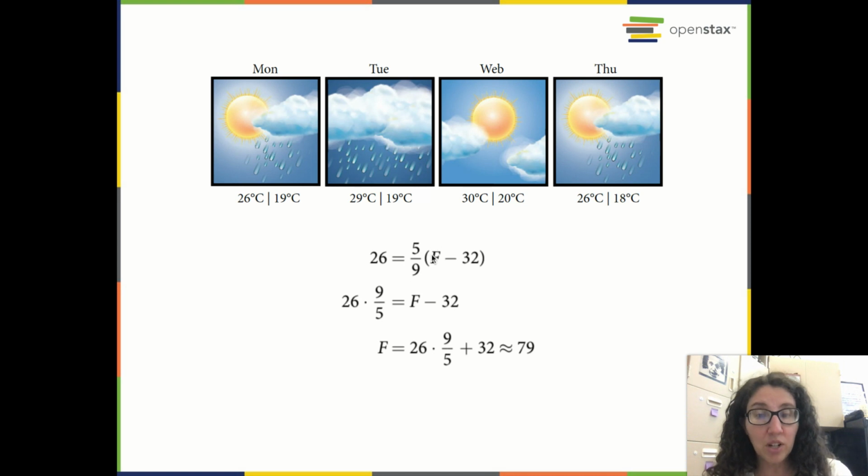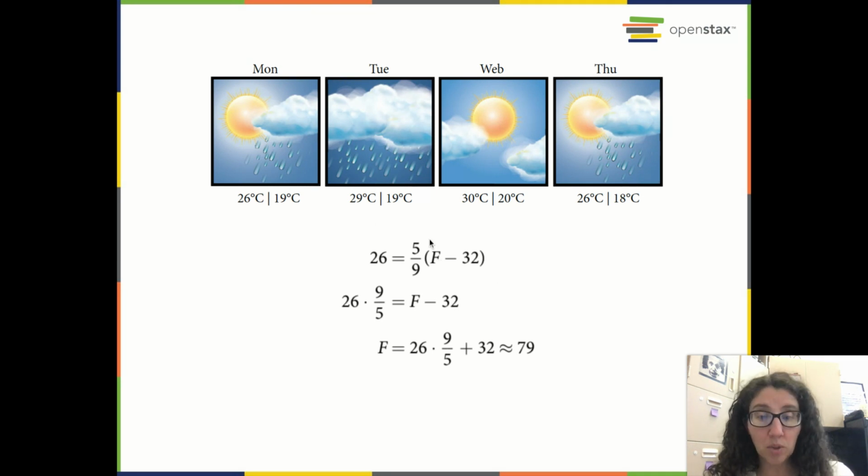So she knows this equation, 5/9 times the Fahrenheit temperature minus 32 will give her the Celsius temperature. Well, she knows the Celsius and she wants to find the Fahrenheit, but she's very good at algebra.